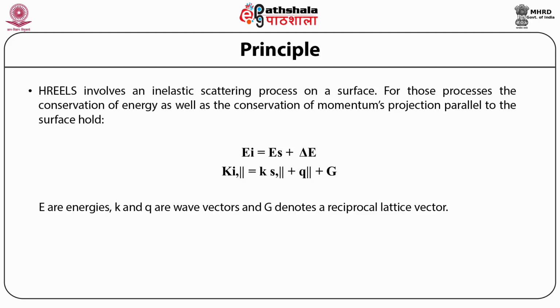For those processes, the conservation of energy as well as the conservation of momentum's projection parallel to the surface hold, which is given by a mathematical relation, that is EI, the incident energy as we call it, is equal to ES plus delta E, or Ki is equal to Ks plus Q plus G. E are energies, K and Q are wave vectors, and G denotes a reciprocal lattice vector.